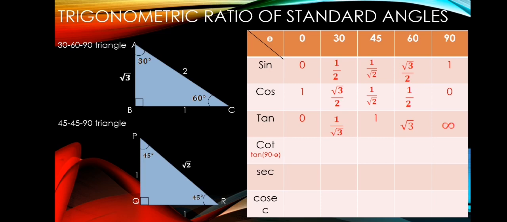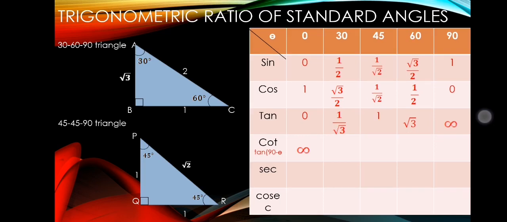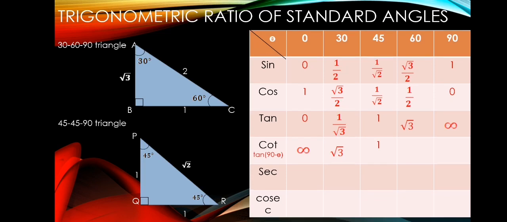Now next is cot. Again cot is tan of its complementary angle. So with the help of tan values we can find out cot values. Cot 0 will be tan 90, that is infinity. Cot 30 will be tan 60, which is equal to root 3. Tan 45 and cot 45 will be 1.